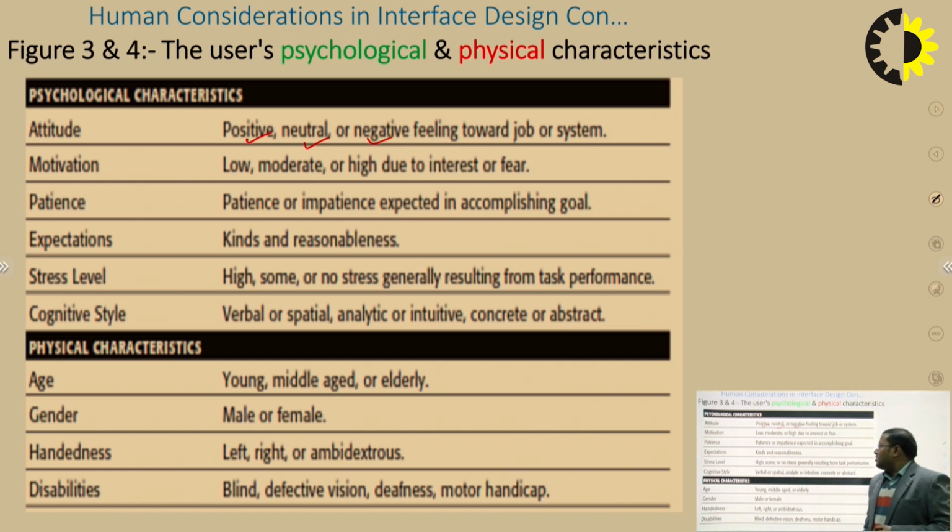Motivation: low motivation, moderate or high, depending upon the interest, or sometimes fear. Patience or impatience. Expectation: kind and reasonable. Stress level: high, no stress. Cognitive style: verbal or spatial, analytical or intuitive, concrete or abstract.